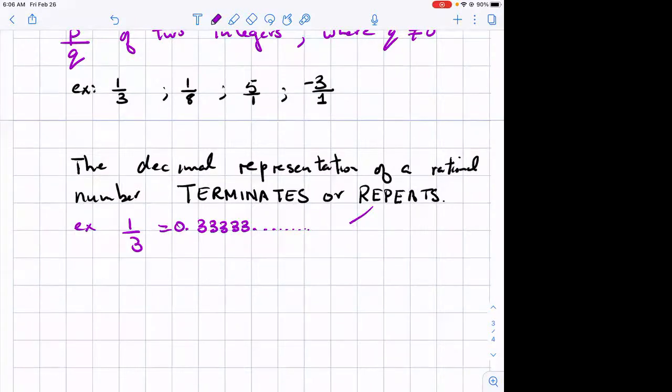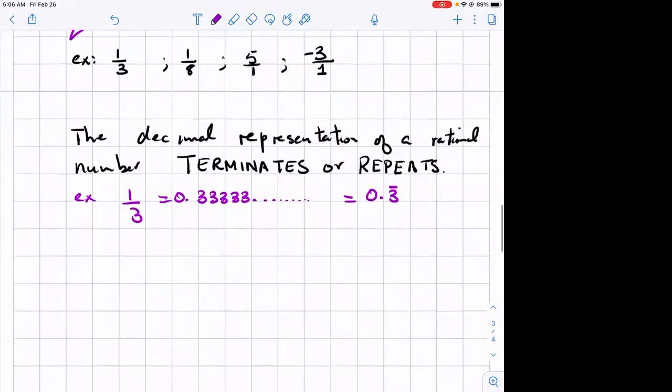And we say that this is the same as 0.3 with a line over it. When the number repeats and never stops, we put a line over the number that repeats. And if it's two numbers, you put a line over the two numbers.